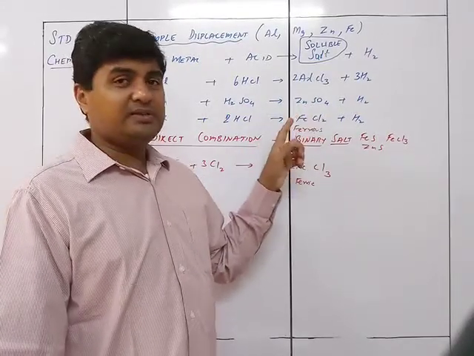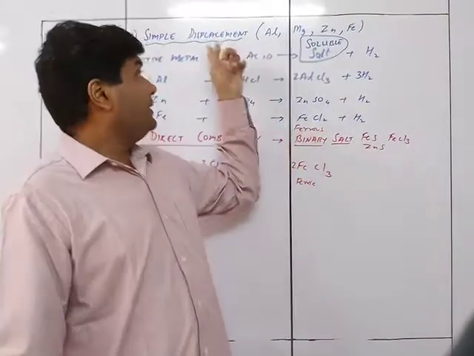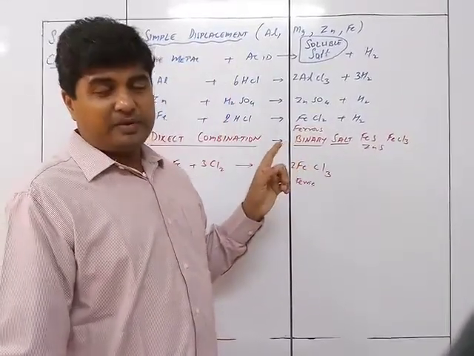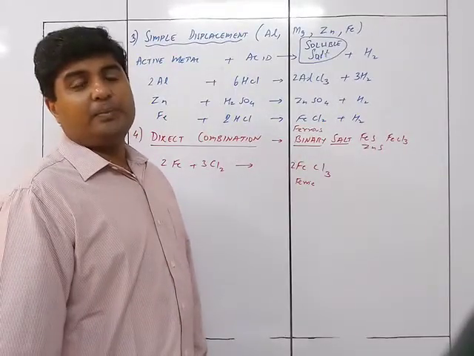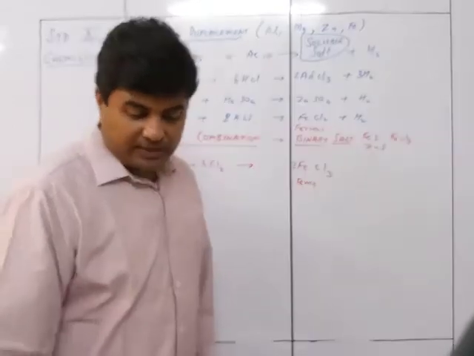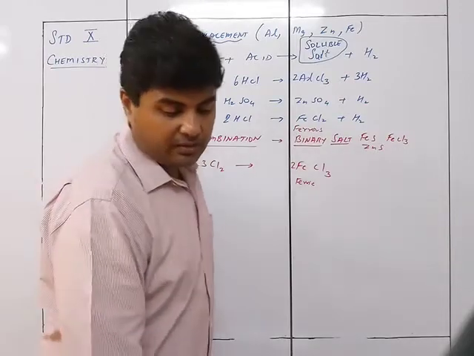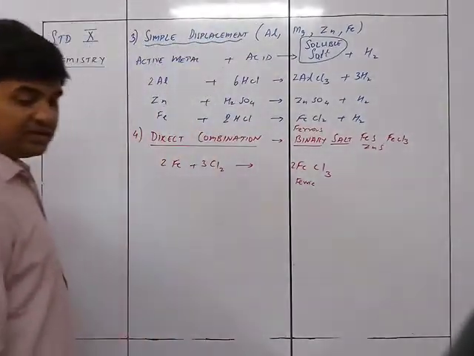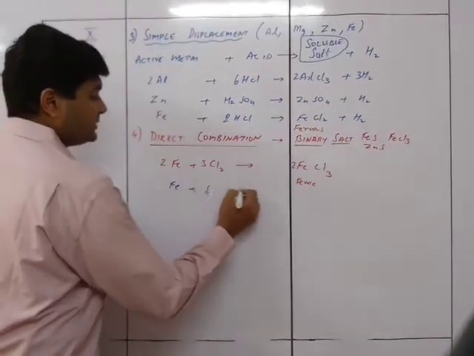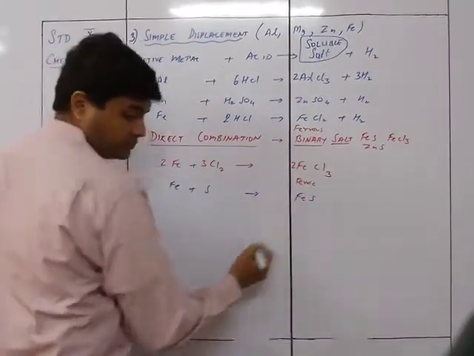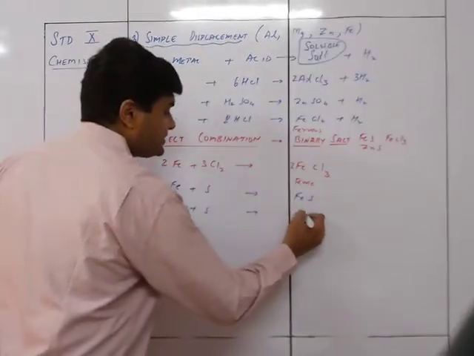So remember that ferrous can be formed only by the simple displacement method, whereas ferric can be formed with the help of direct combination. So Fe will be in such a form that it will be FeCl3 here. The next could be Fe plus S giving me FeS, and Zn plus S giving me ZnS.